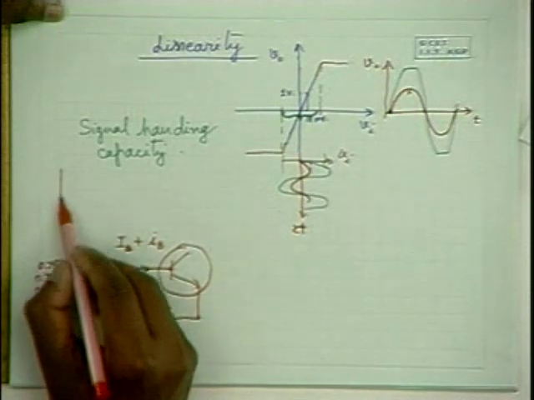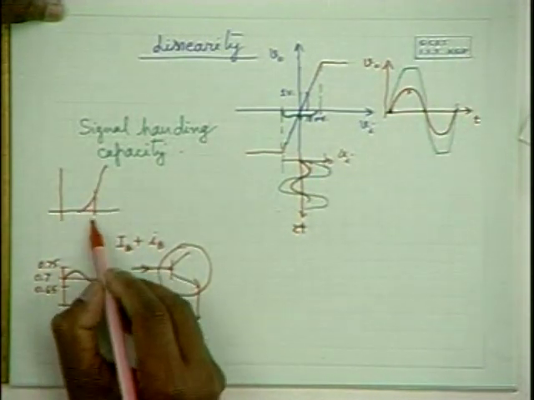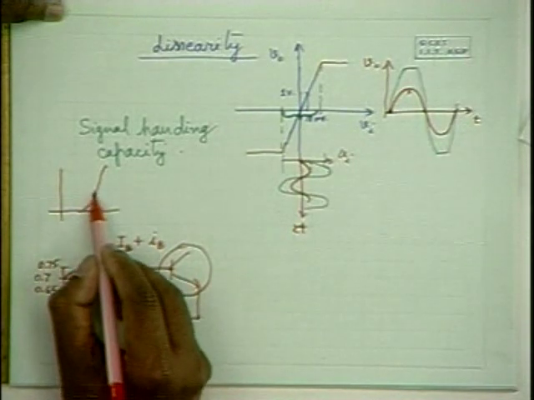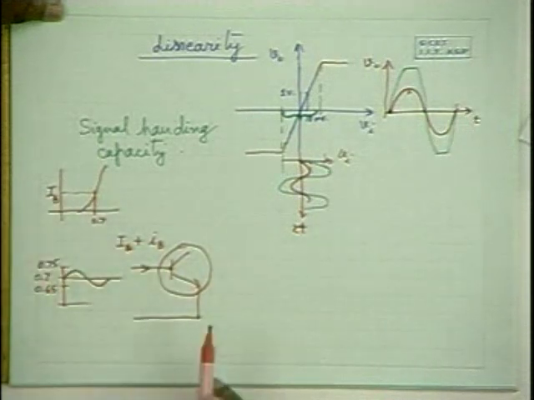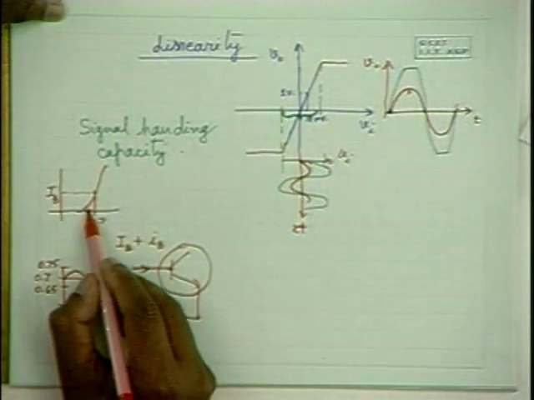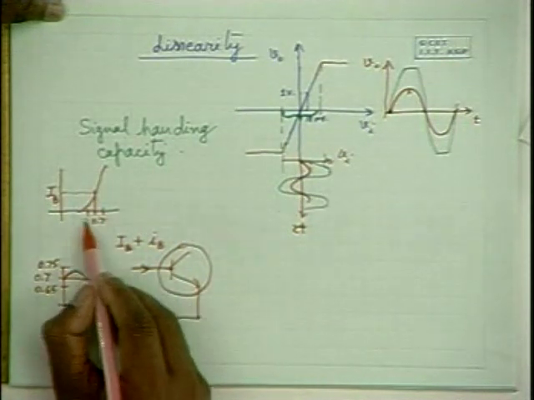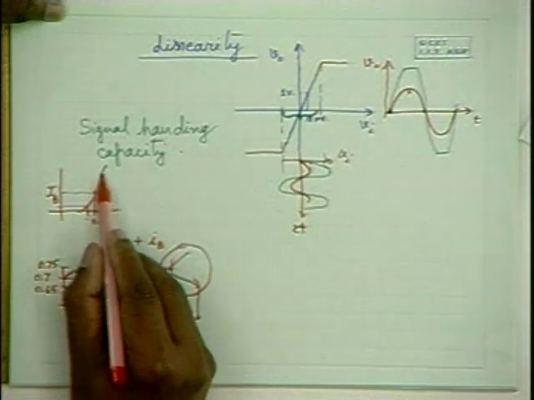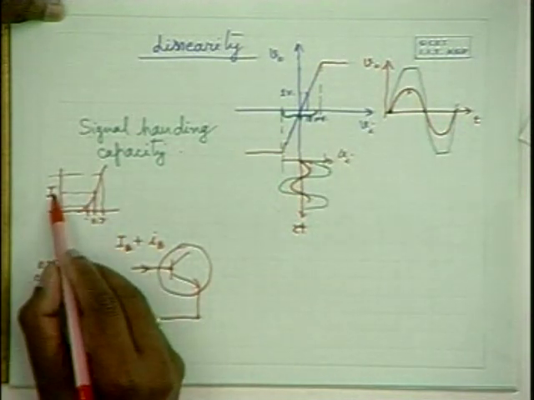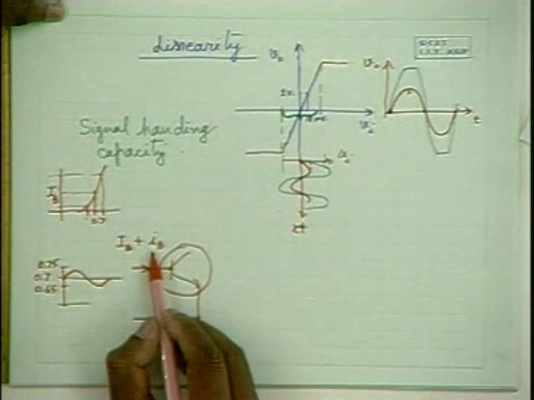How does it depend? It depends on the input characteristics. If you are operating it here at 0.7 volts, this is the base current, DC base current IB. Now, when this is varied from 0.65 to 0.75, the current will vary from this current to that current. So it is equal to a fixed current plus some alternating current, small ib.